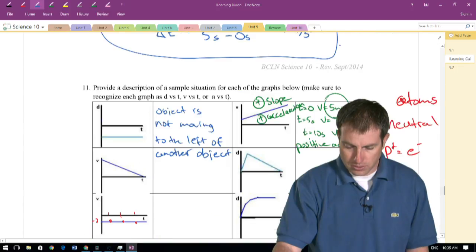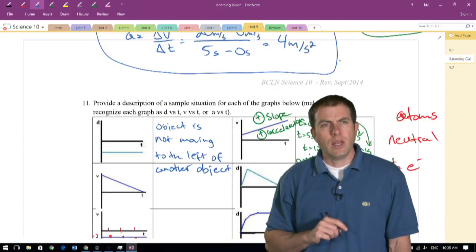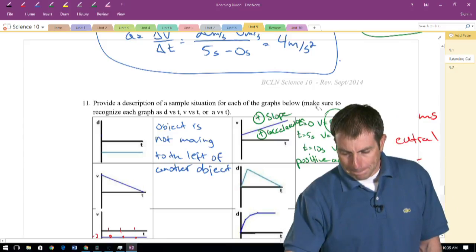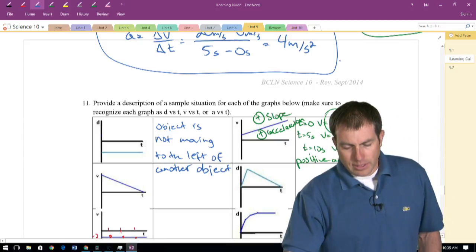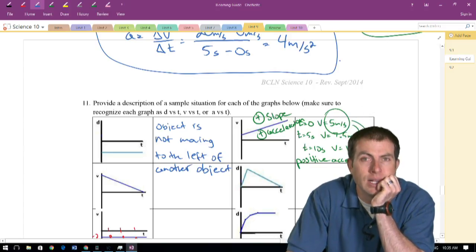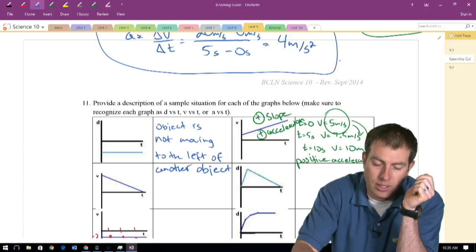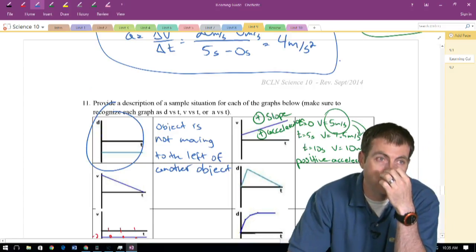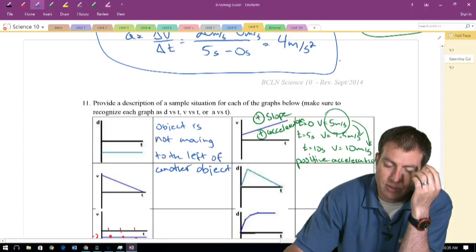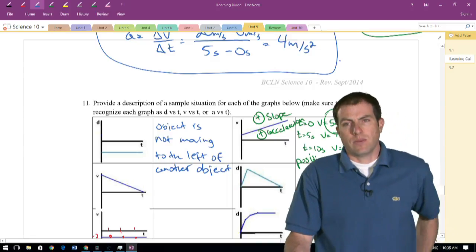Let's look at the first two here. If I have a horizontal line on a distance time graph, it means as time is going on, I don't have distance changing. So it really just means the object's not moving. So that's all I would write in.